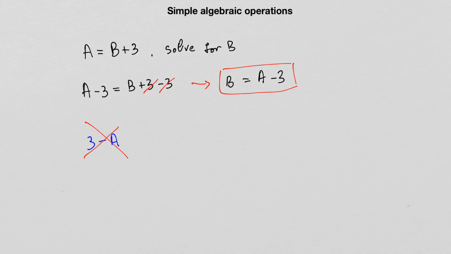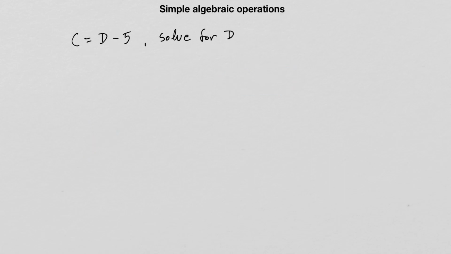Another example is the following relationship. C is equal to D minus 5. And the question is, what is D equal to? So this is the same problem as the previous example, except now we have a subtraction here. 5 is subtracted from D, and it's not added.